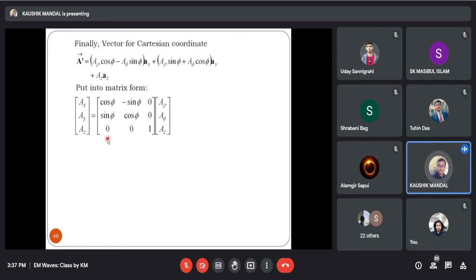This is basically the relation we have established or seen at the time of discussion of transformation from cylindrical to Cartesian coordinate systems. I think we have mentioned this particular matrix during that transformation.